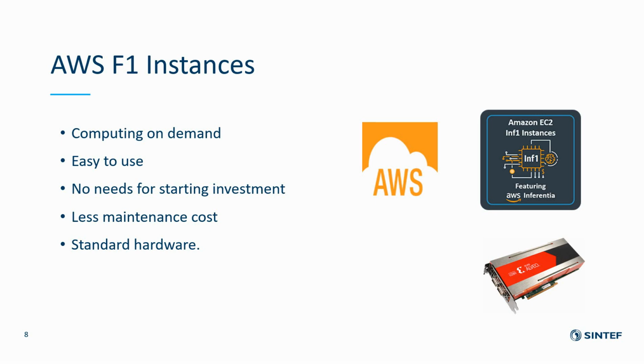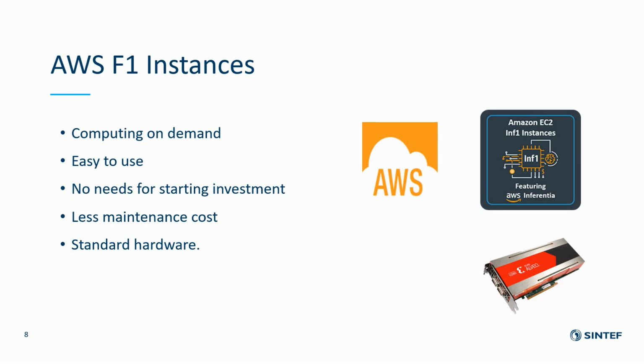And they are easy to use. We have Amazon images for them that can get you up and running in a few minutes, with no need for starting investment. That's very good for research projects. There are also less maintenance costs, because you can ask application engineers to help you during development.